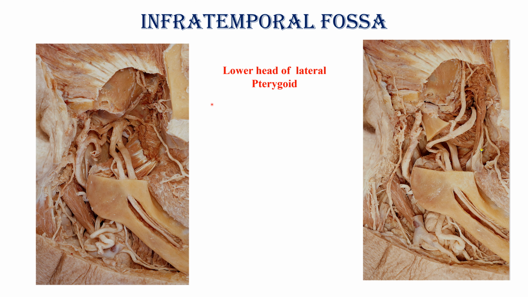What we can see here is the lateral head of the lateral pterygoid, that is the lower head, where the maxillary artery divides into three parts. It either passes superficial or deep to the lower head of the lateral pterygoid. That is the maxillary artery here and the maxillary artery over here, on this side and on that side.